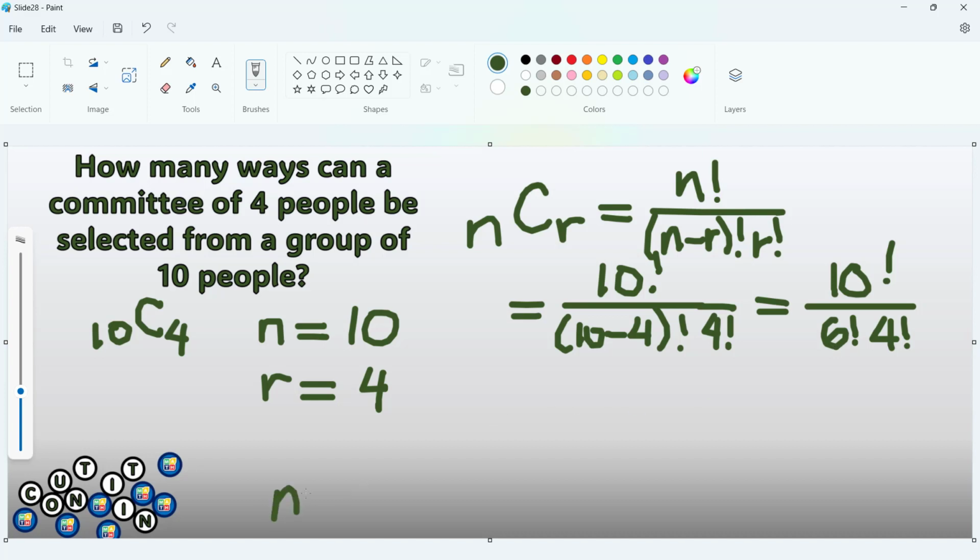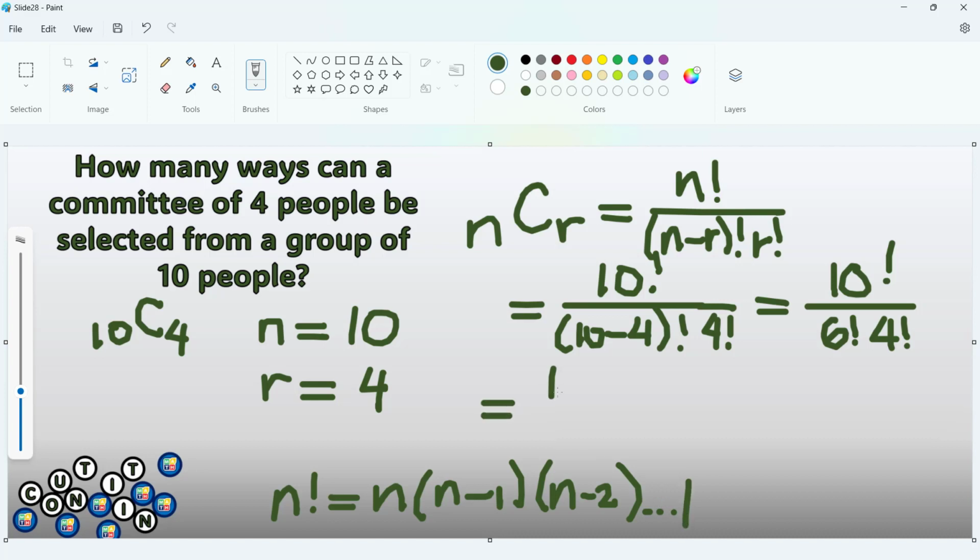We know that n factorial is the condensed way of writing the product of 1 to n integers. You have n times n minus 1 times n minus 2 until you reach 1. That would mean your 10 factorial can be written as 10 times 9 times 8 until 1.